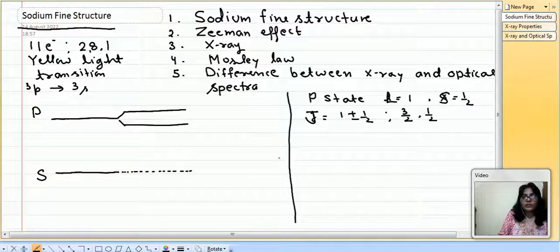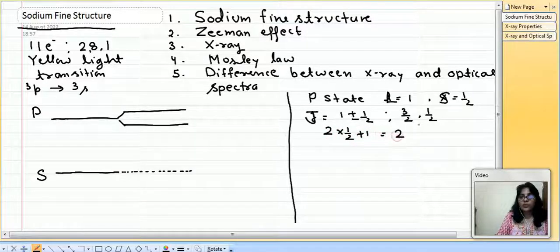So now instead of one term, we have two terms. Here the multiplicity is 2, because half is the spin, so multiplicity is decided by 2 into half plus 1, that is 1 plus 1, which means 2. This can also be noted here because there are two terms, so the multiplicity is 2. Now we can designate these two terms as 2p, because L is equal to 1.